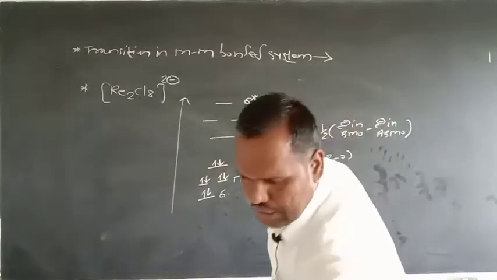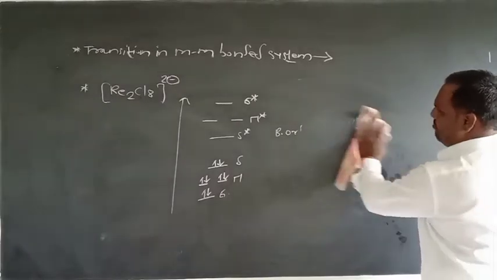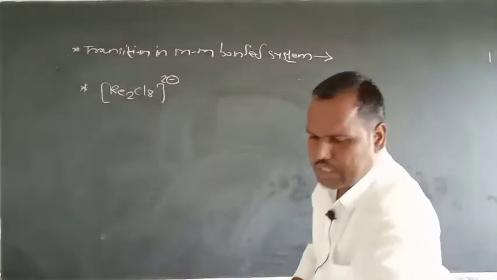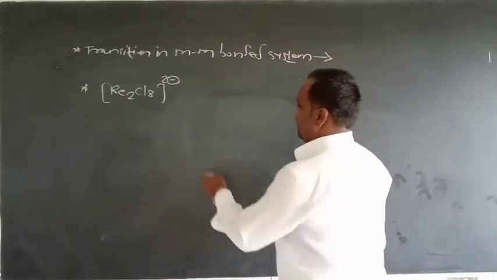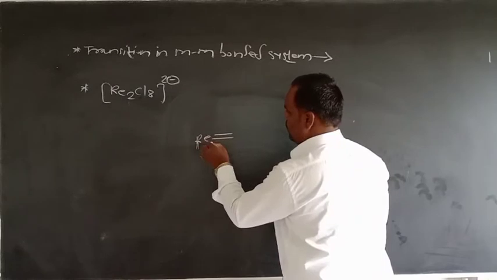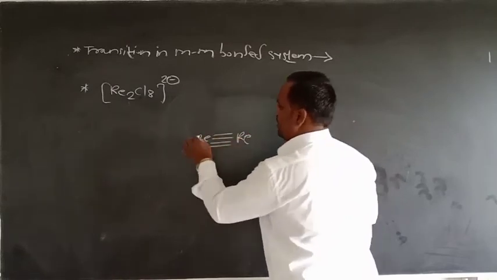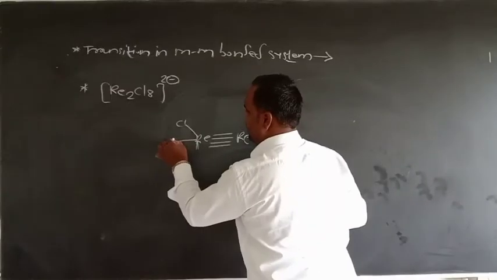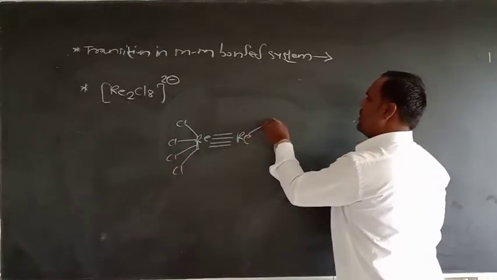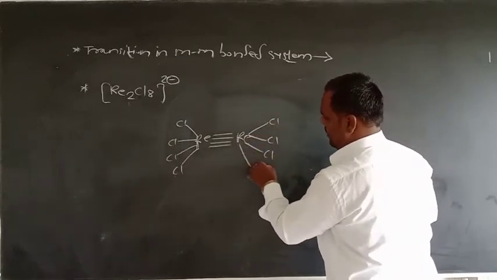So if you draw the structure of this complex, this rhenium, 1, 2, 3, 4 bonds are formed between this rhenium and the other, and then the Cl atoms attached.